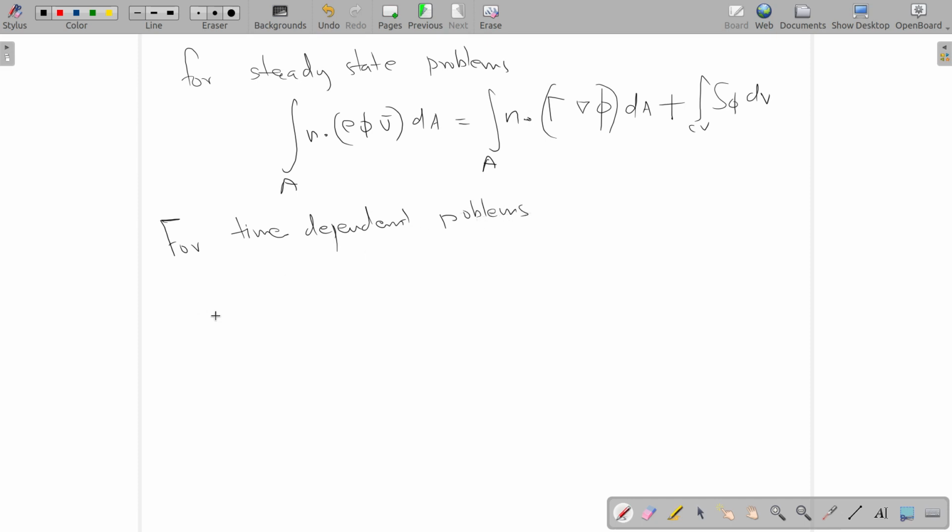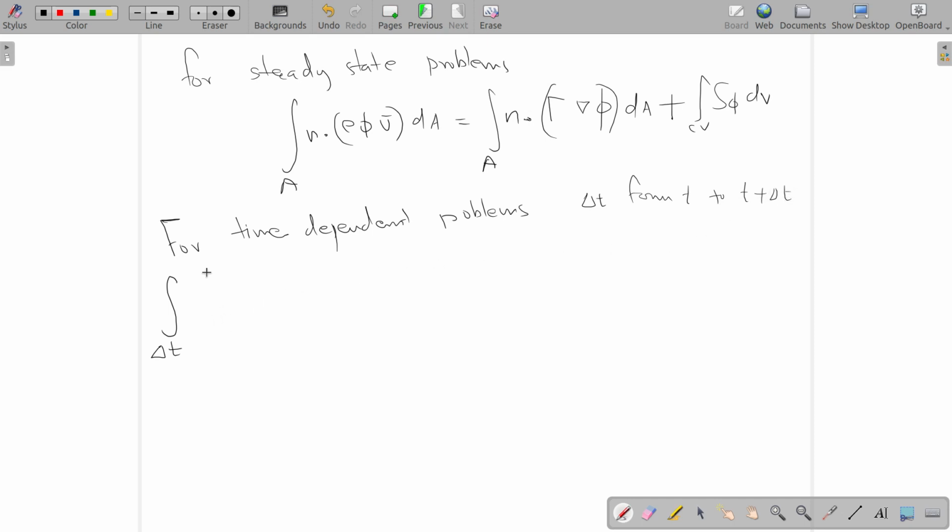So for the time dependent problems, the general equation will be, let's say delta t is an interval from t to t plus delta t.